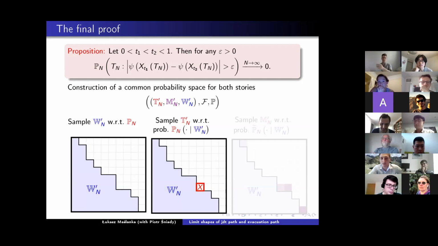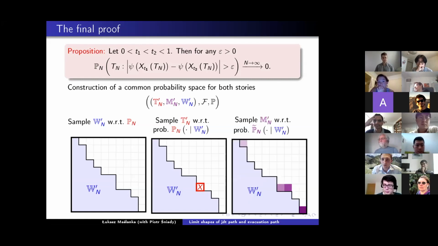Then we sample the position of the single surfer on the water with respect to the conditional probability, and independently we sample the position of the multi-surfers on the water, also with respect to the conditional probability, but in the setting for the multi-surfers.